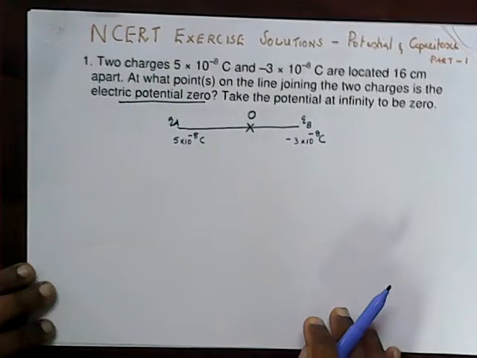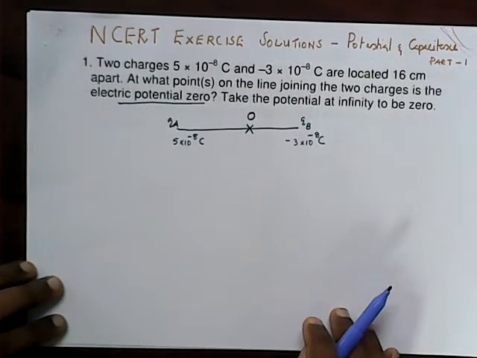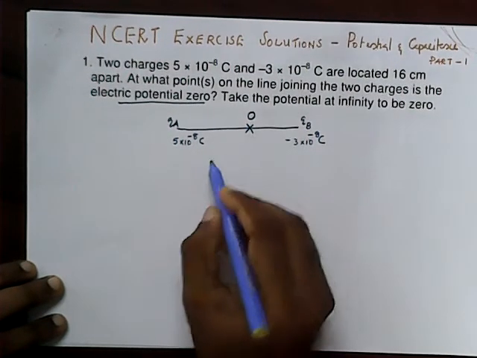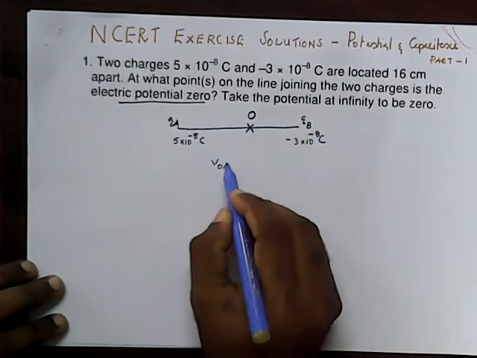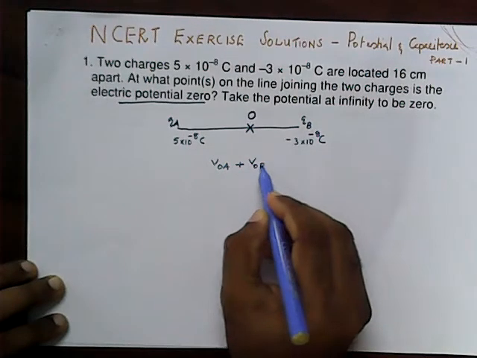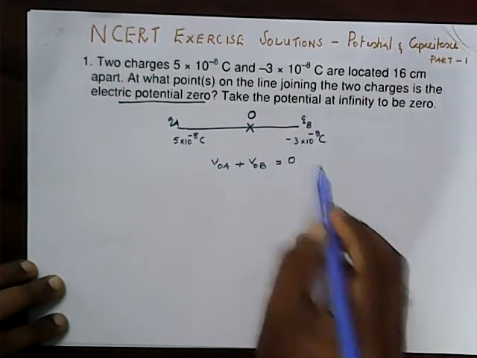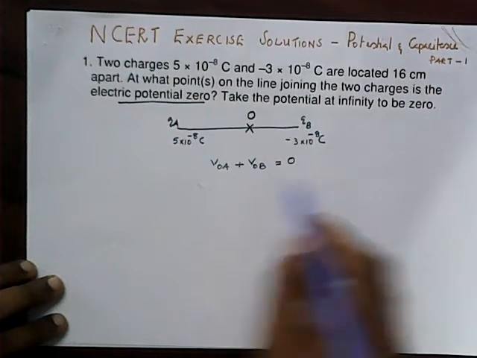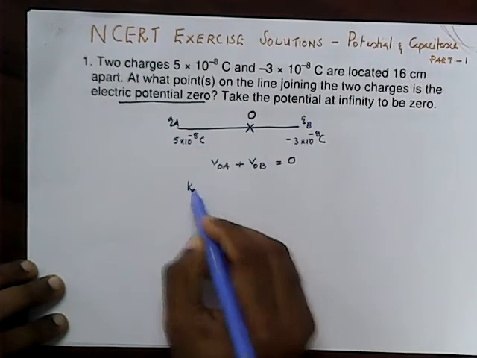But keep in mind the very important concept. By using the principle of superposition, the potential at the point O due to A plus the potential at the point O due to B should equal 0.